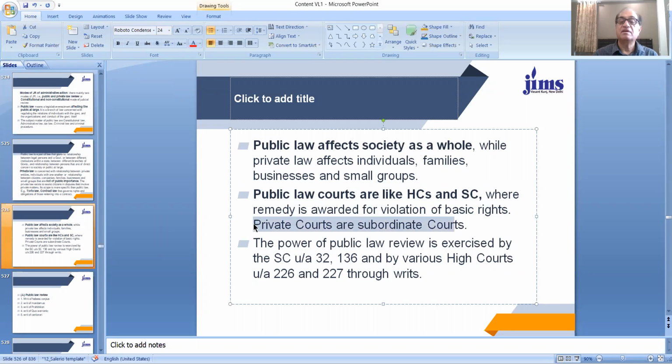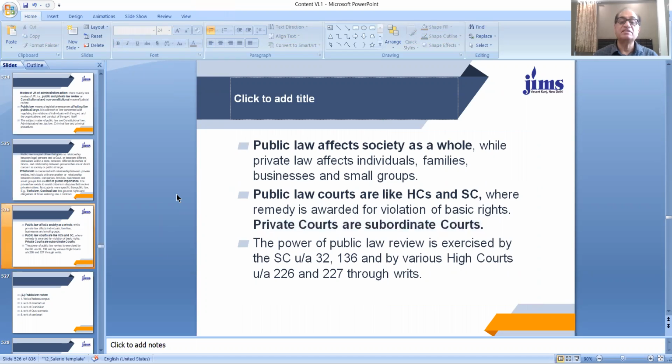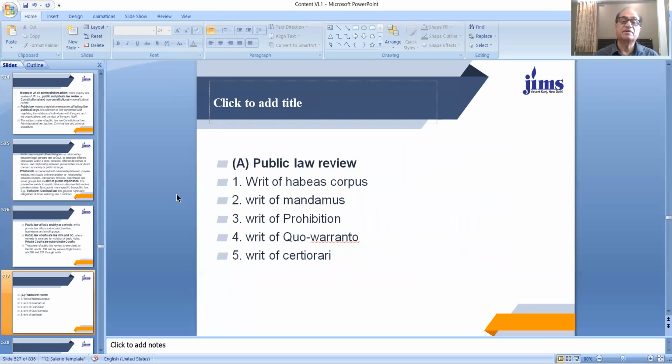Private courts are subordinate courts, and the power of public law review is exercised by the Supreme Court under Article 32 or 136, special leave jurisdiction, and this power may be exercised by various high courts under Article 226 and 227 through writ jurisdiction.